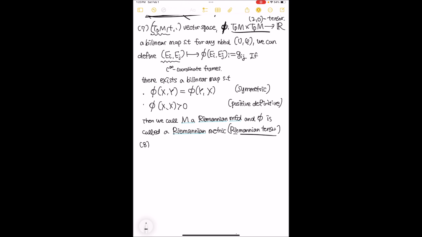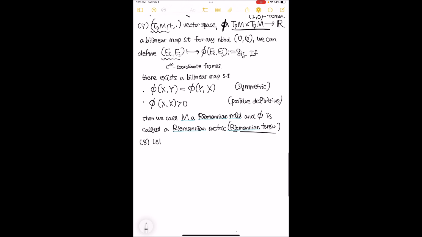Next, in fact, let's think about phi(v, v). As you see, that is a metric axiom.